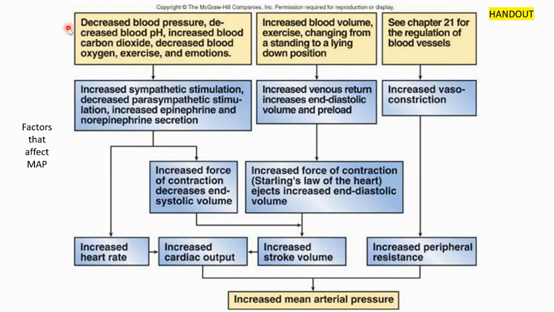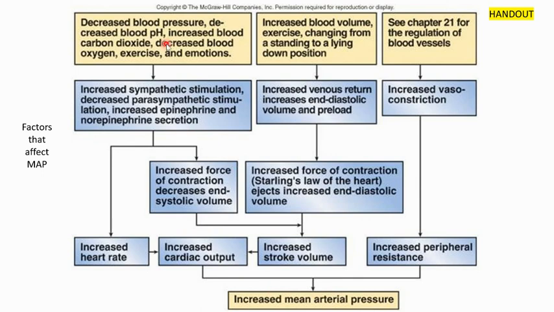So if you have decreased blood pressure, decreased blood pH, increased blood carbon dioxide, decreased blood oxygen, exercise and emotion, any of that is going to cause the sympathetic nervous system to kick in and decrease your parasympathetic, which is going to increase epinephrine and norepinephrine, increasing the force of the contractions, increasing heart rate, increasing cardiac output, increasing mean arterial pressure. So anything that's going to get that heart going, anything that's going to get you engaged in some kind of physical activity is going to ultimately increase mean arterial pressure.